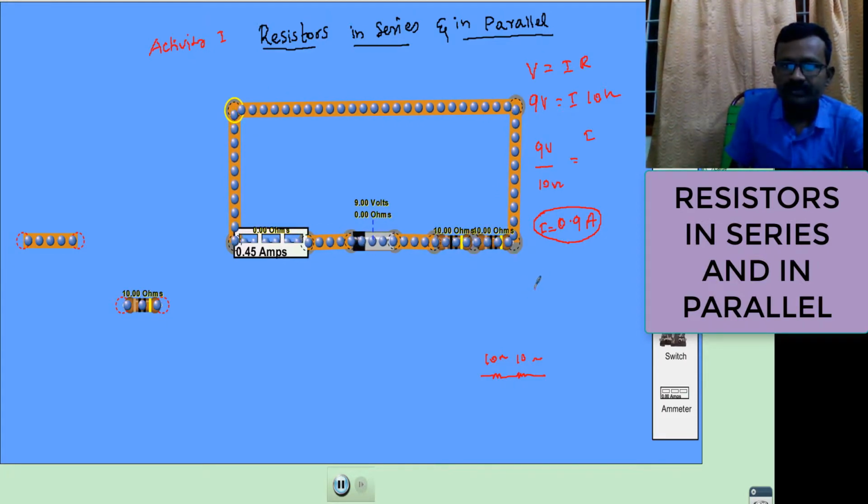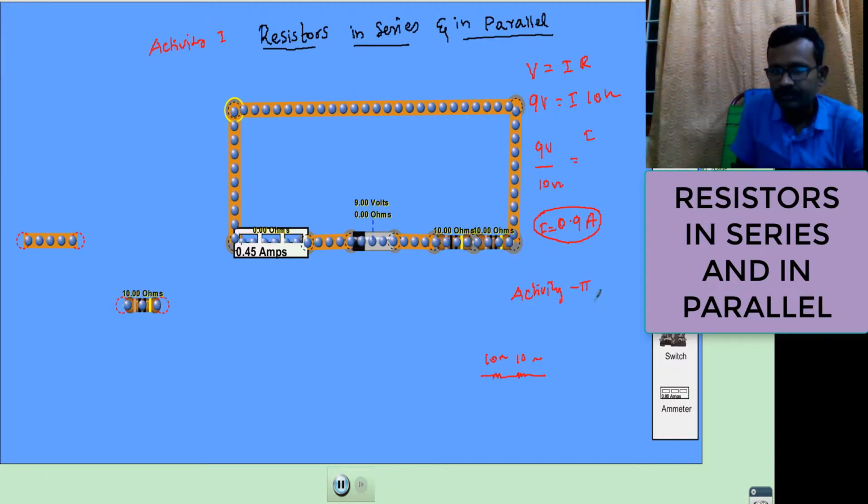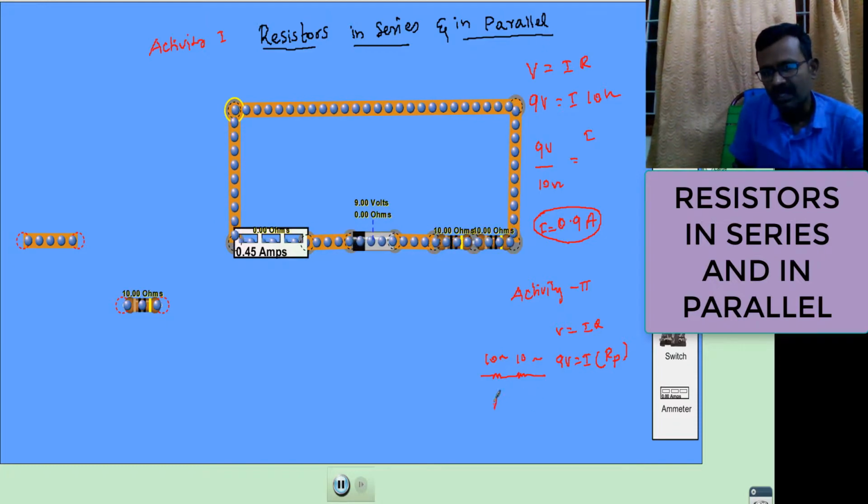So, activity number 2. V is equal to IR. Same 9 volt battery. For it we are going to find out the resistance. Now the resistors are connected in series, so RS is equal to R1 plus R2.